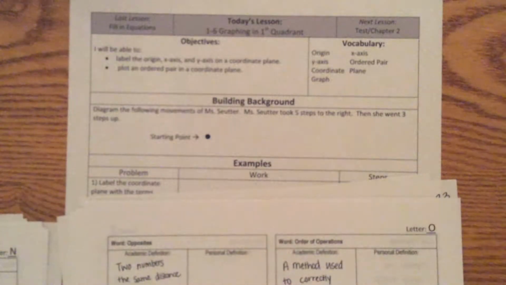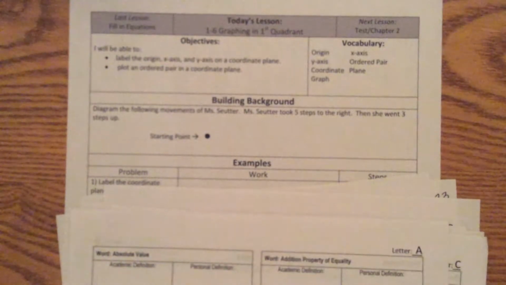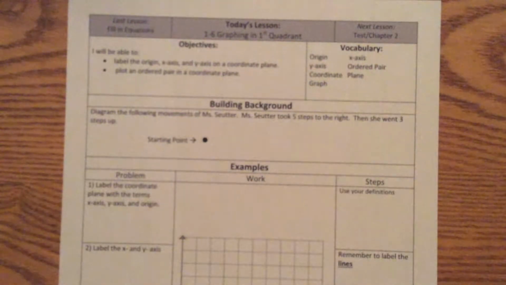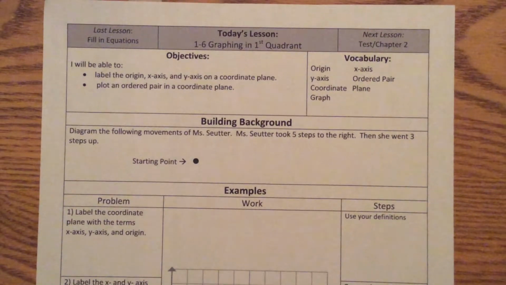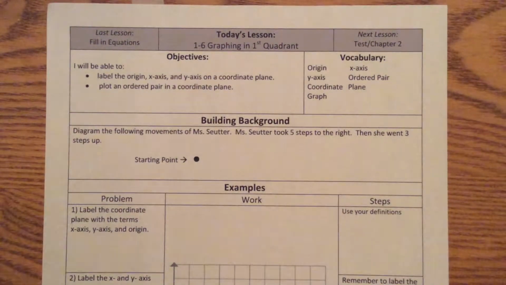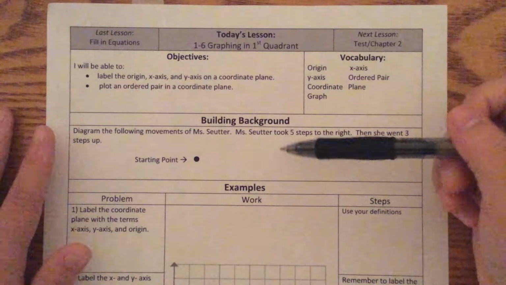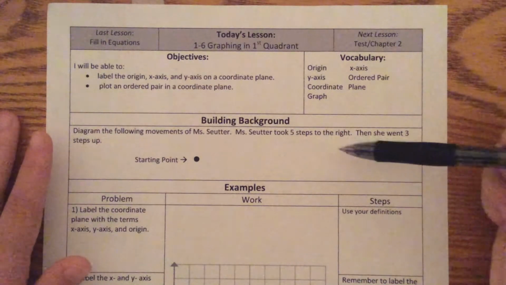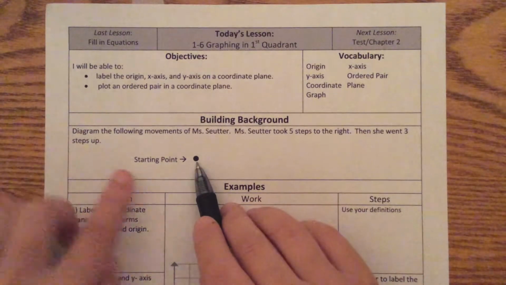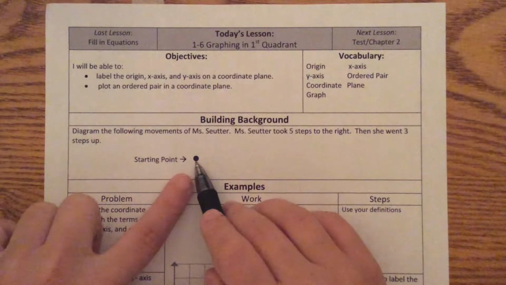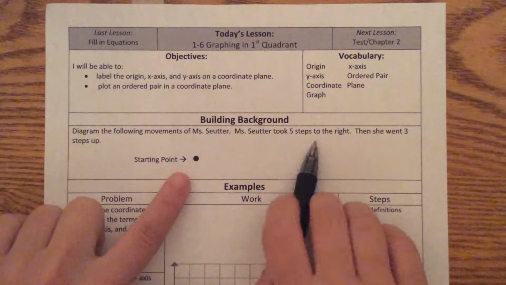All right, moving on to your notes. We have building background. We're going to diagram the following movements of Miss Sawyer. Miss Sawyer took 5 steps to the right, and then she went 3 steps up. So here's her starting point, also known as an origin. She went 5 steps to the right.